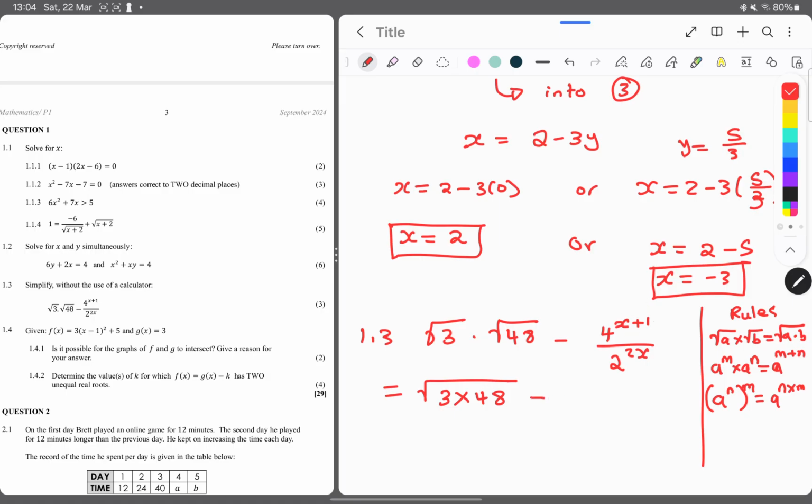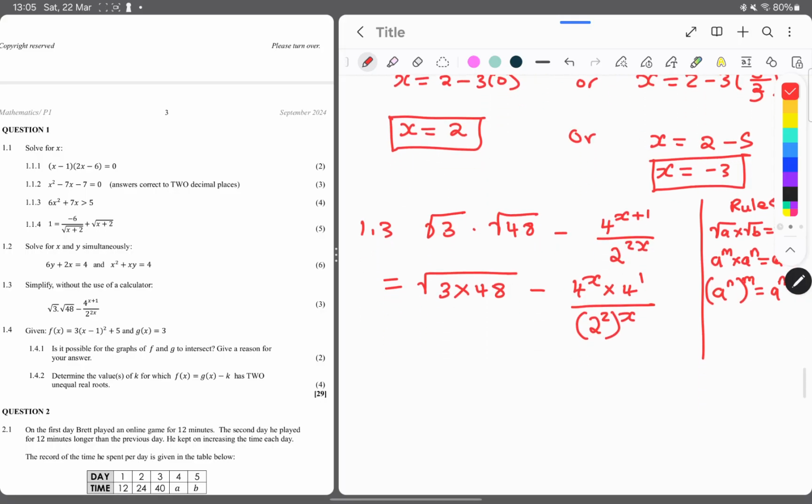When you have a rule of exponents, it goes both ways. You can use it to go to a single product, or you can use it to go back to many factors. Therefore, I opt to go back, so I will have 4 to the power x multiplied by 4 to the power 1 divided by 2 to the power 2, all to the power of x.